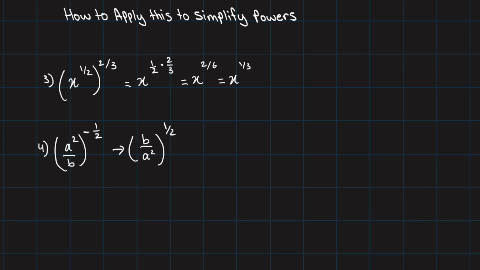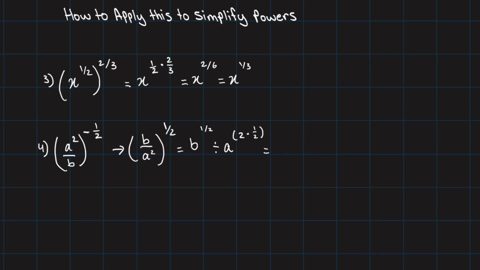And we know that we first have to apply that power to everything in the brackets. So this becomes b to the power of 1/2 divided by a to the power of 2 times 1/2, and that gives us 2 times 1 is 2 over 2, so this just equals b to the power of 1/2 divided by a to the power of 1, which is the same thing as a.